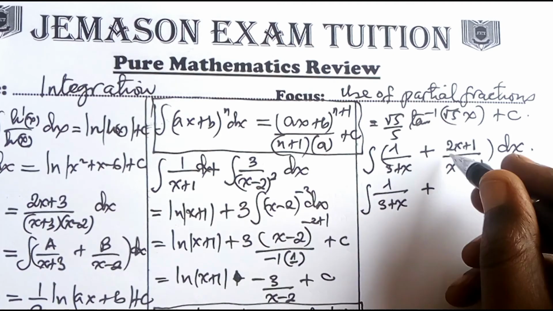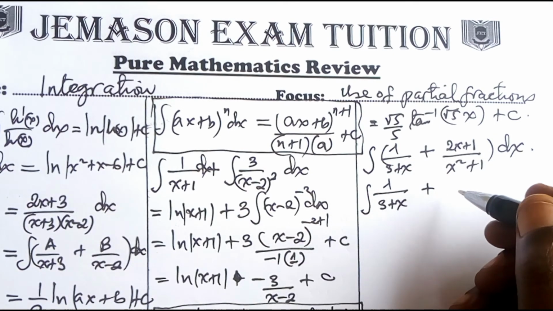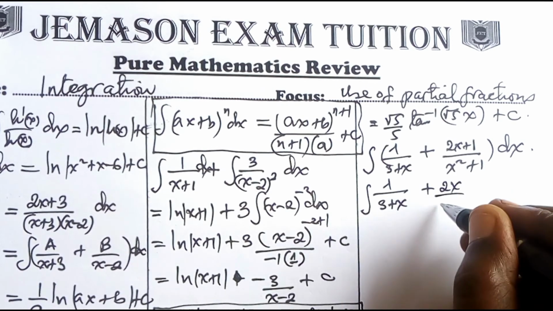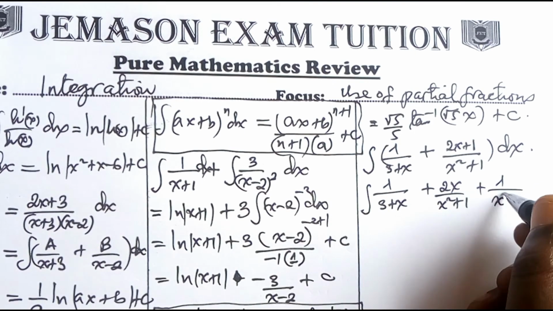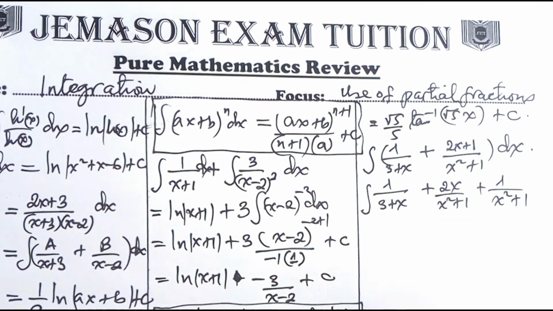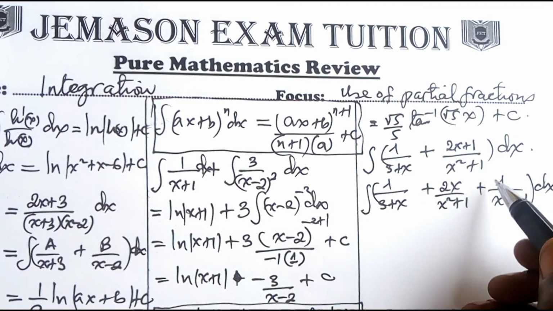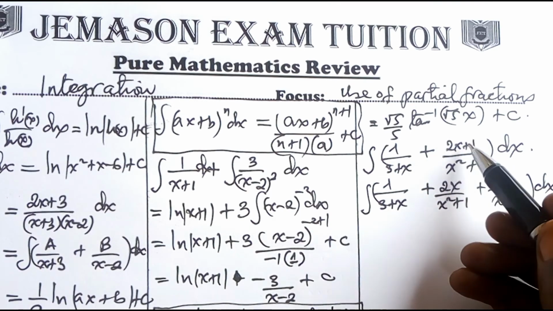So I will recopy and put 2x over the denominator plus 1 over the denominator. That makes it easier to integrate. So I'll put 2x over x squared plus 1 plus 1 all over x squared plus 1, all that dx.